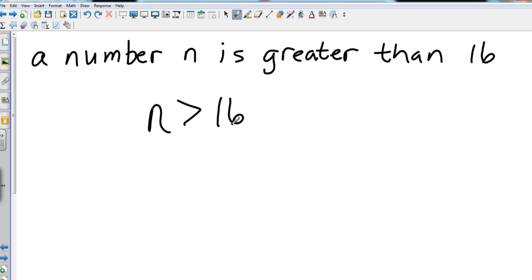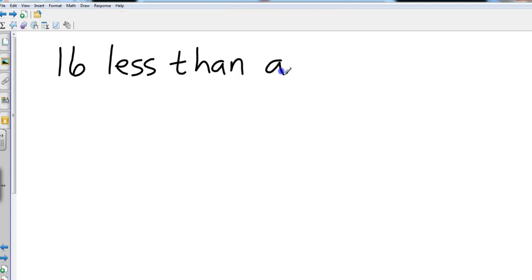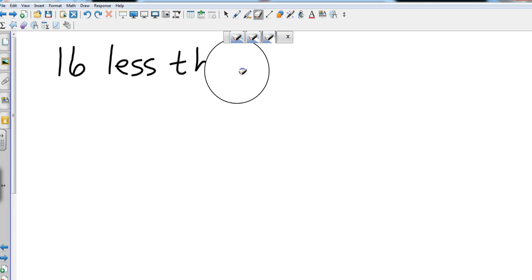Now, something that kind of throws students from time to time is if I have something like 16 less than a number. Nope, I'm sorry. I'm getting a step ahead of myself. We're not going to do these in this section.